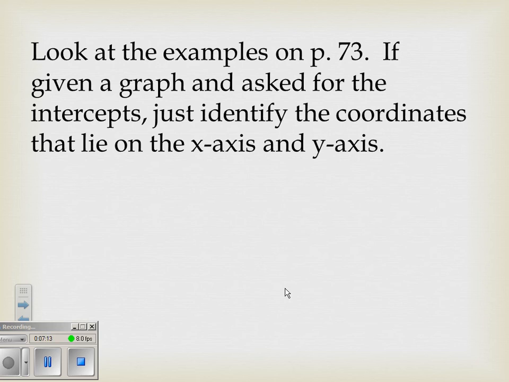In the future, if you were simply given an equation and asked to find the intercepts, for all of the x-intercept points, if you look at any of them on that page 73, notice that the coordinate for y is always 0 because you're on the x-axis, so you didn't move up or down when you graphed the point. So if you are simply looking for the x-intercepts given the equation, plug 0 in for y and solve.